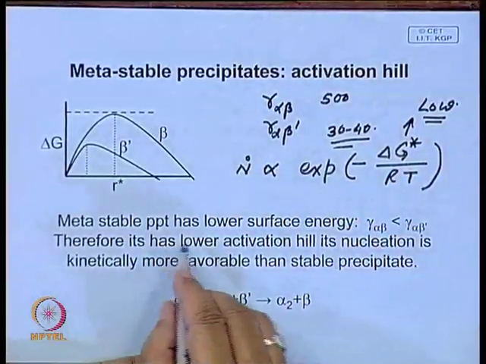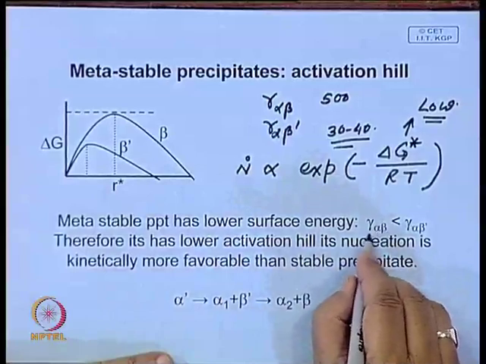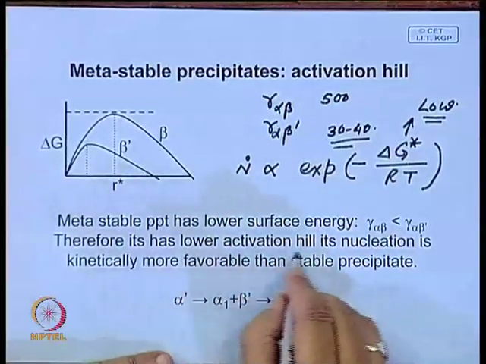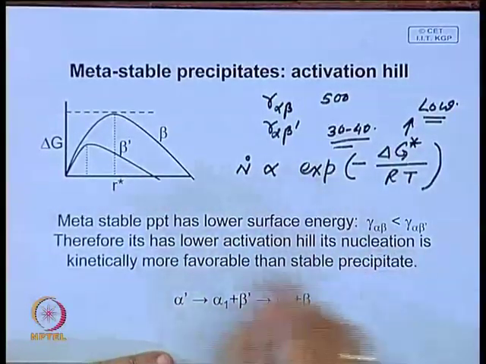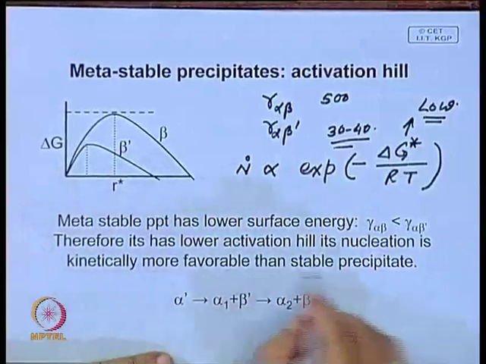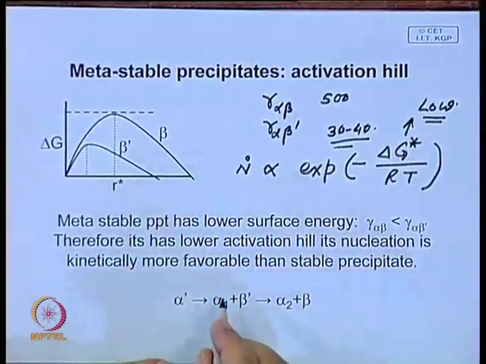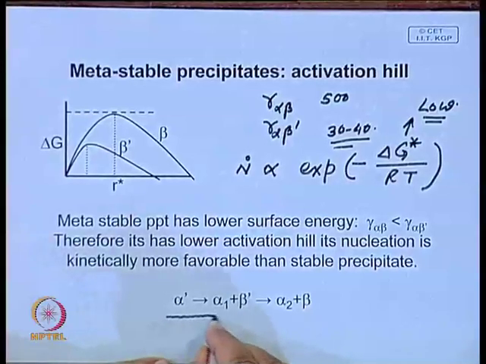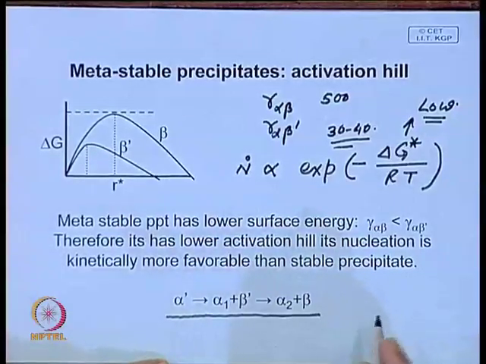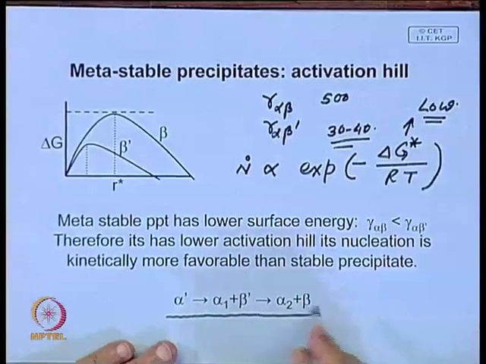Therefore, the metastable precipitate, since it has lower surface energy and a lower activation hill, is kinetically more favorable than the stable precipitate, and that is why this is the way precipitation takes place in any supersaturated solid solution.